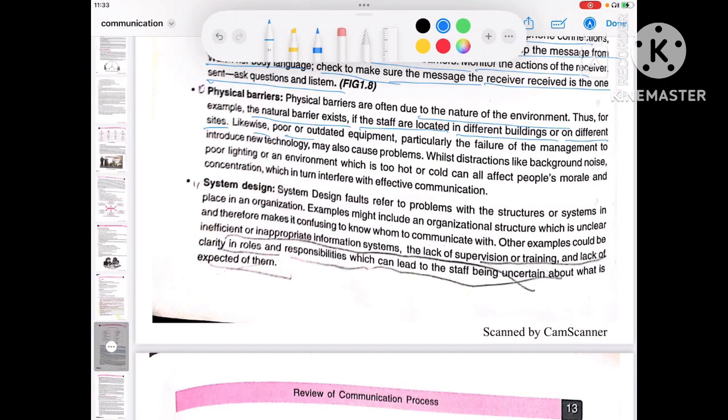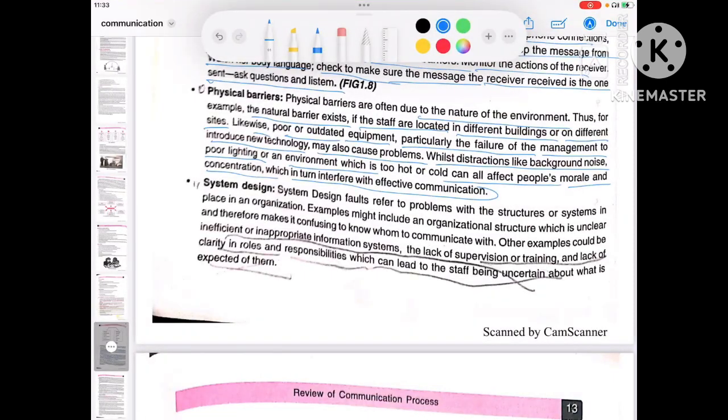Likewise, poor or outdated equipment, and particularly the failure of management to introduce new technology, may also cause problems. Distractions like background noise, poor lighting, and an environment which is too hot or cold can affect people's morale and concentration, which interferes with effective communication.